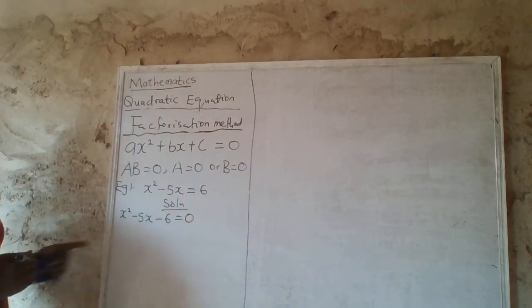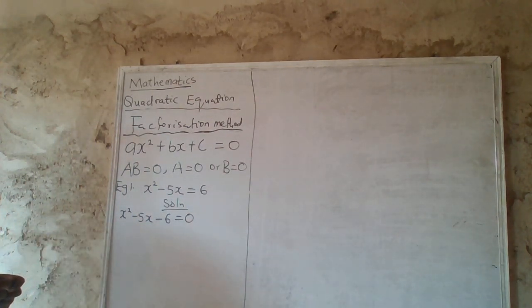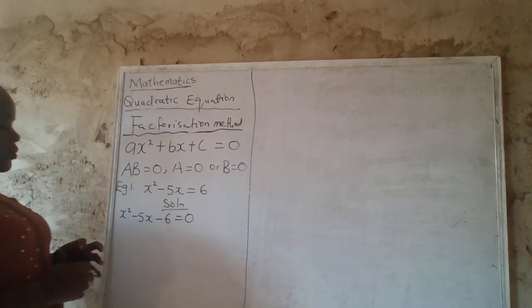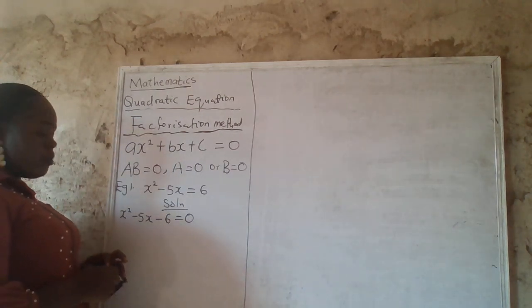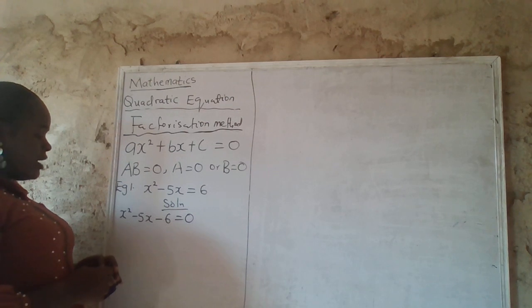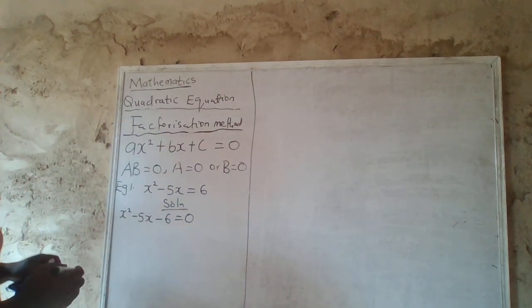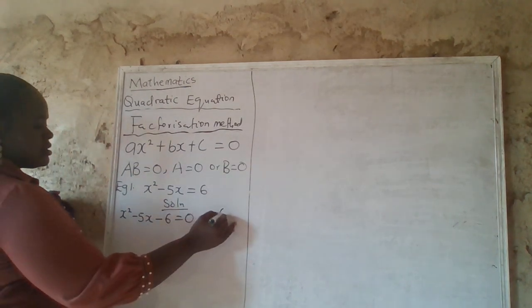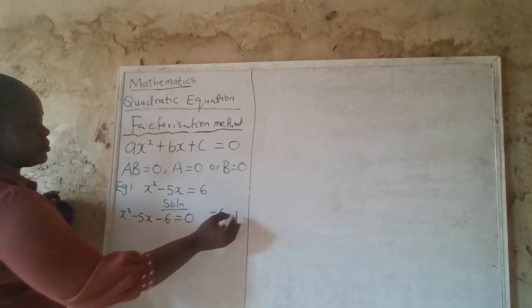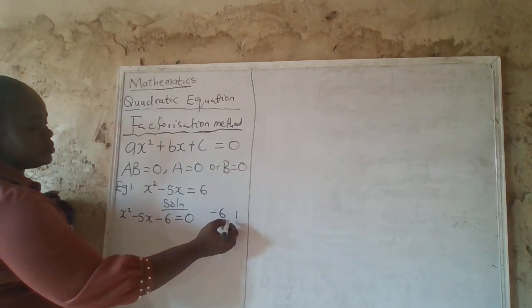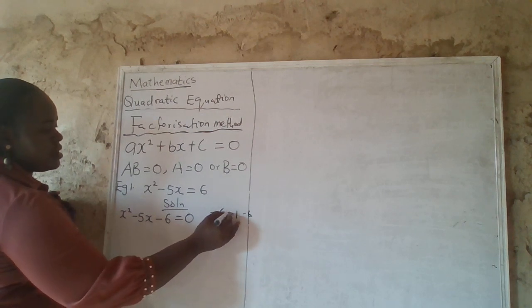Now, in factorizing this, we'll be looking for two numbers such that when we multiply them, we have minus 6, and when we add them, we have minus 5. Such two numbers should be minus 6 and 1. Minus 6 times 1 will give us minus 6.